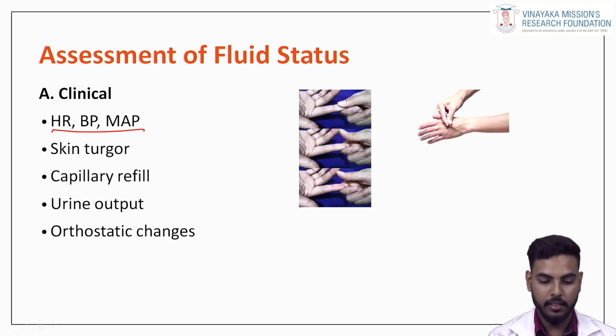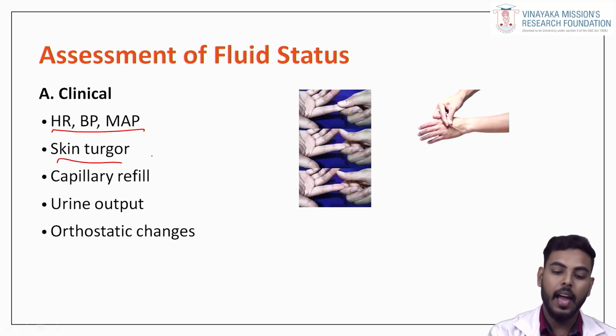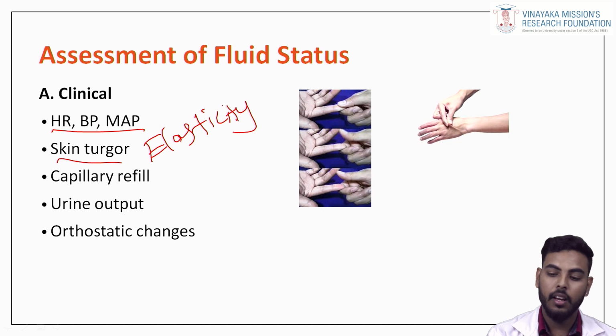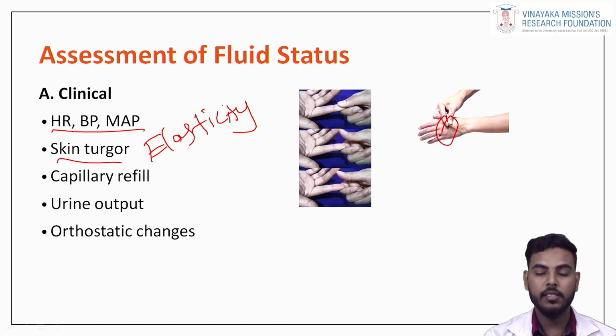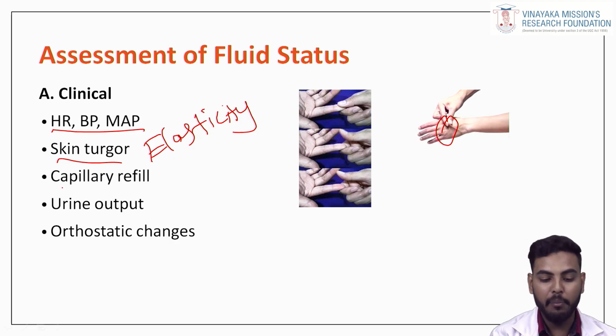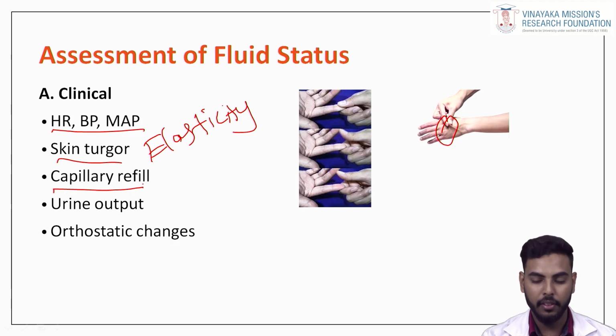Then skin turgor. Skin turgor means the elasticity. Here you can see this image, this is the skin turgor. They check whether the skin is elastic and in normal range through the skin turgor. Then capillary refill. They check the flow of blood in the capillaries.